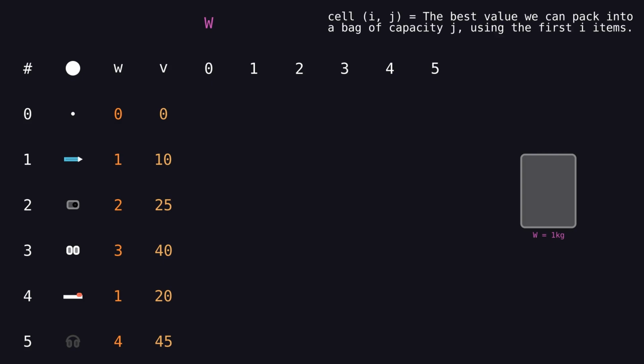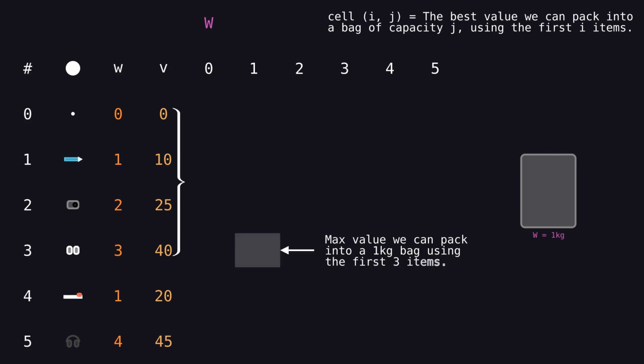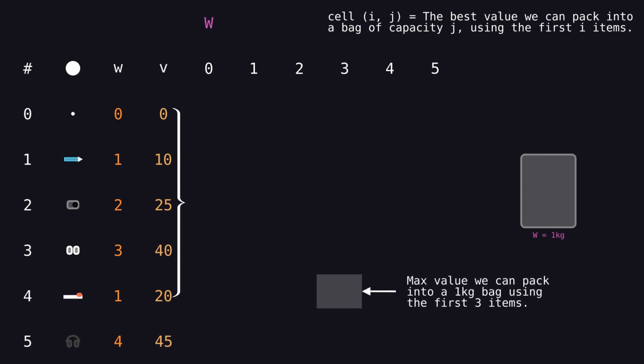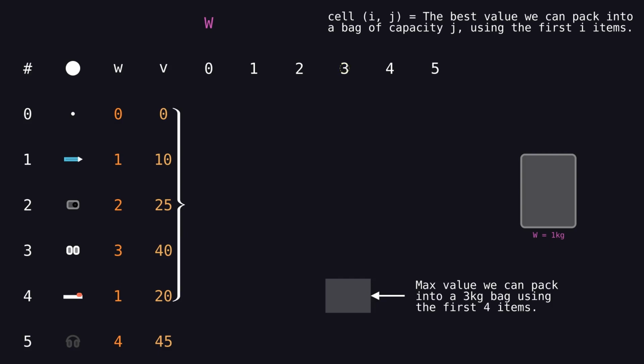And the idea is we build up to our total capacity of 5 kilos by considering smaller capacities first. So for example, the cell in row 3, column 1, will store the maximum value we can pack into a 1 kilo bag using the first 3 items. Row 4, column 3, would store the maximum value we can pack into a 3 kilo bag using the first 4 items, and so on.